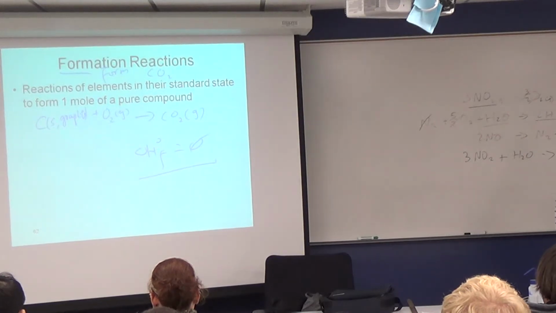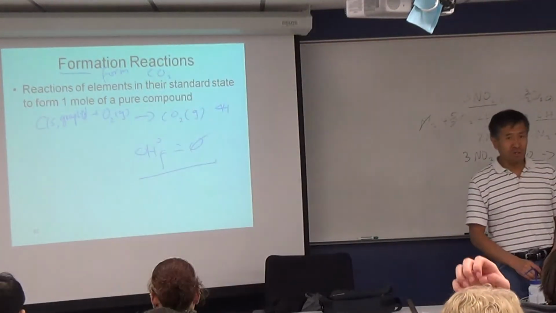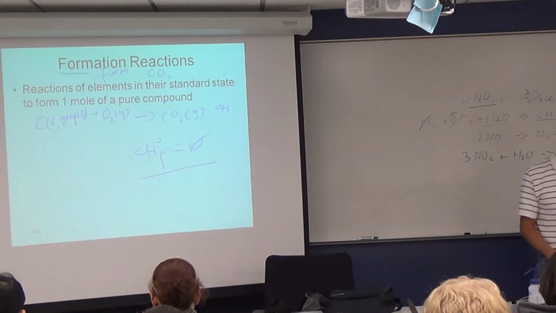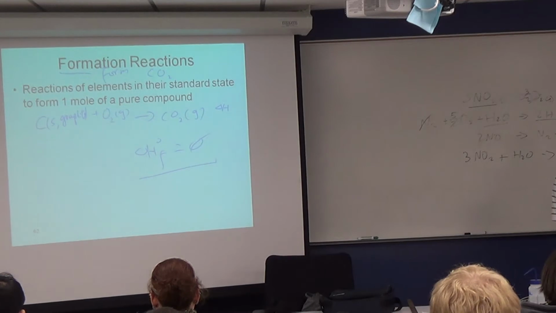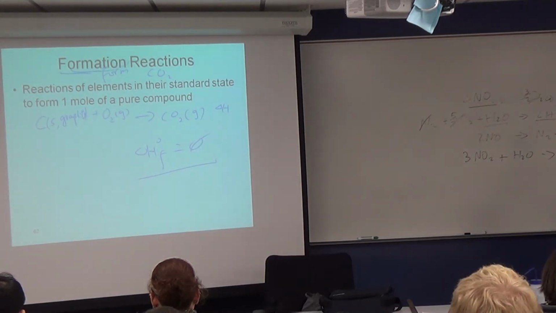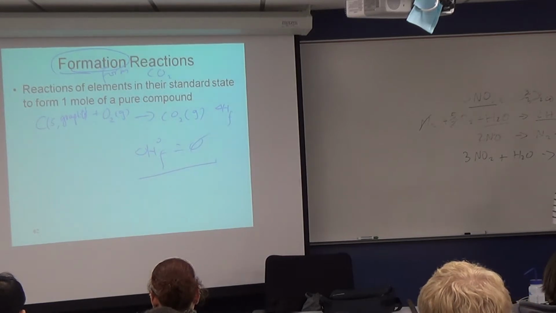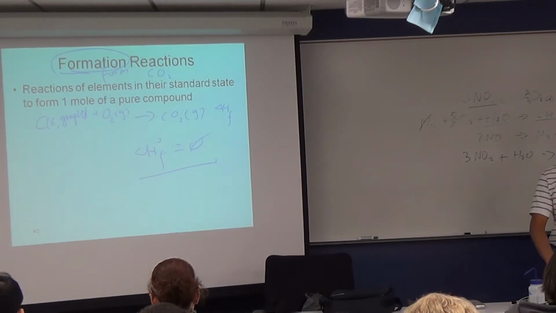Now this chemical reaction will have a delta H. Any chemical reaction has a delta H. Do you agree? Now this delta H, you are going to give a special name, because this chemical reaction is for the formation of CO2, so we get that F. F means the formation. Okay?